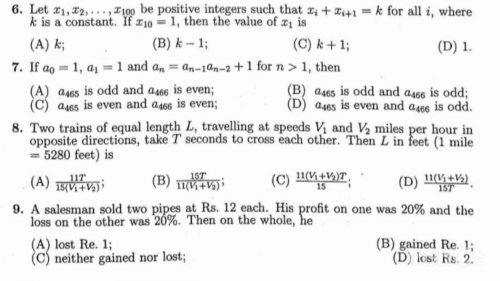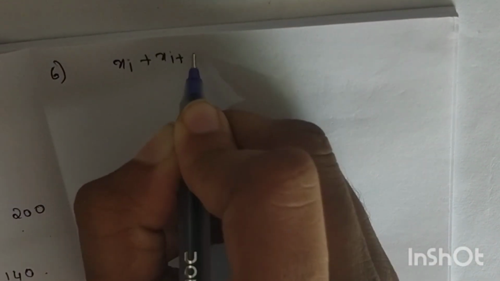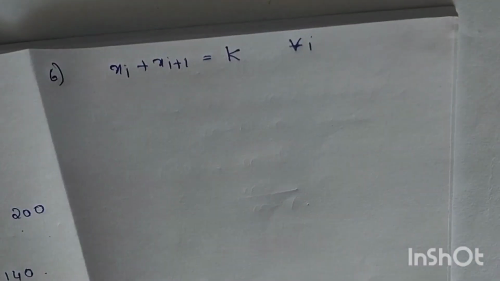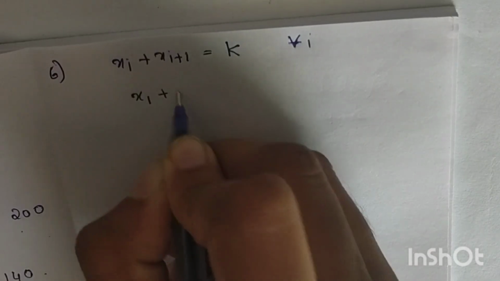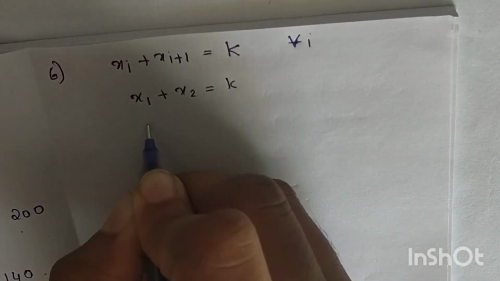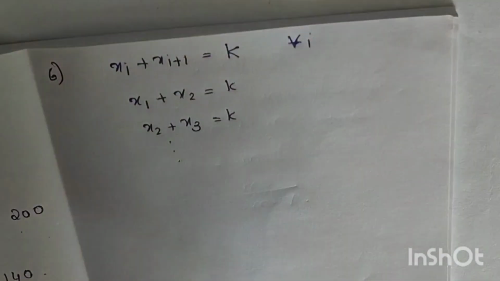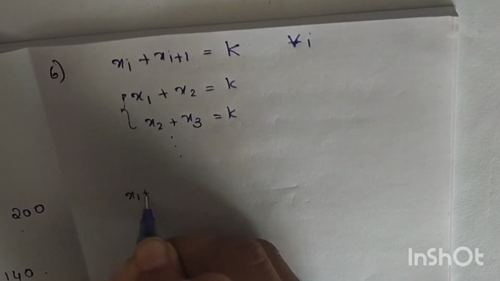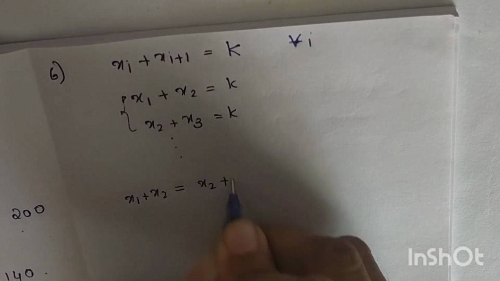We have been provided that xi plus xi plus 1 equals k for all i. So what can we say? That x1 plus x2 equals k, x2 plus x3 equals k, and so on. We just take the first two equations, x1 plus x2 equals k equals x2 plus x3.